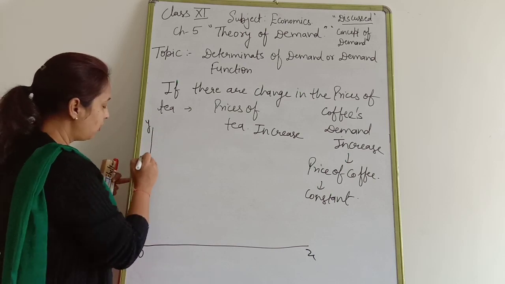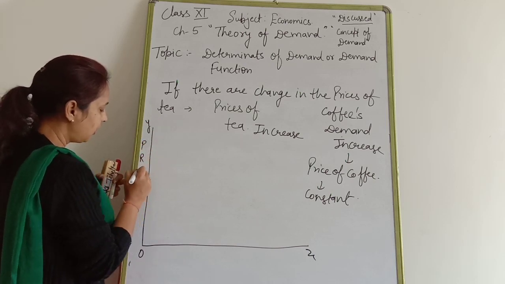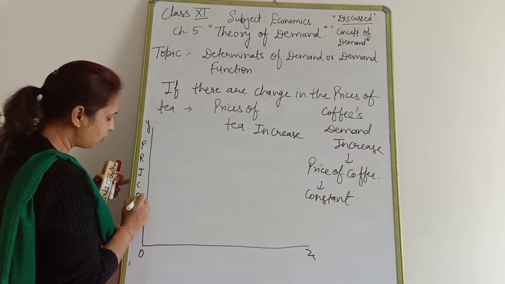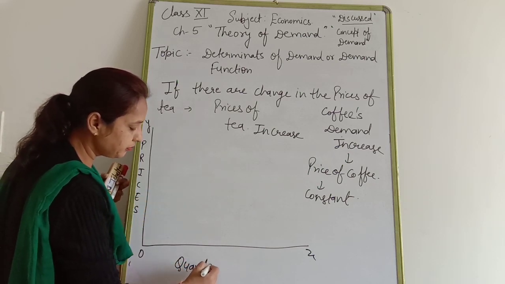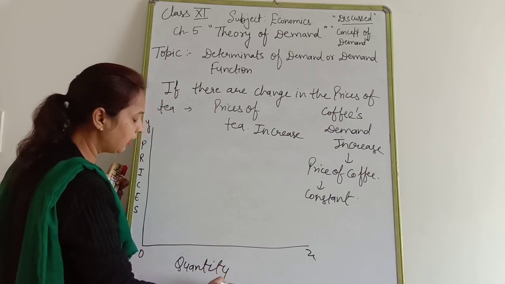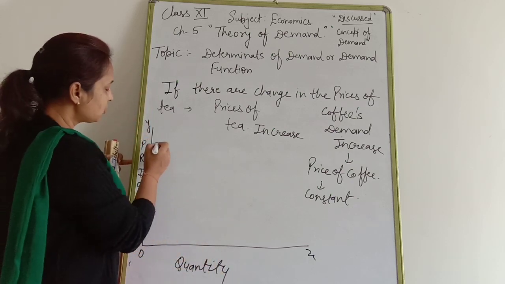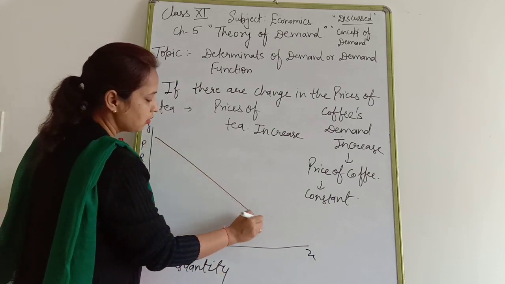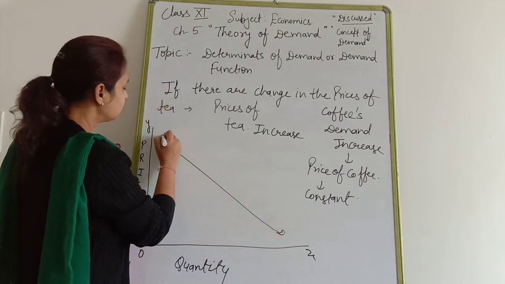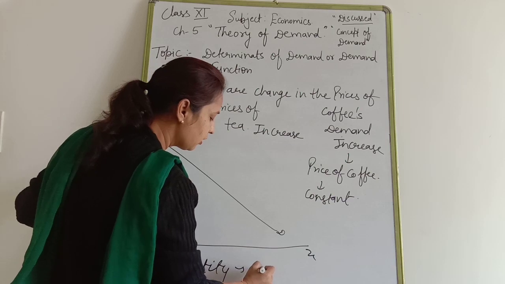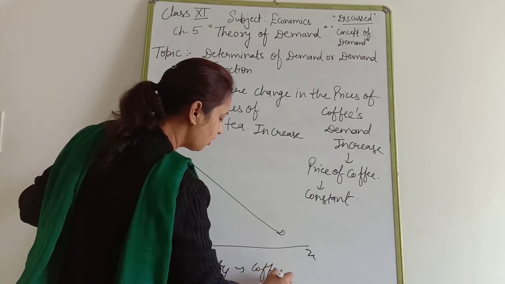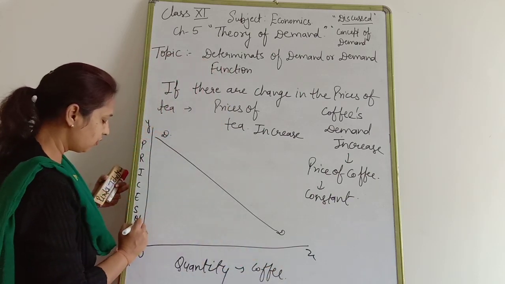Clear? Now here we are taking prices, as I told you. Here we are going to take quantity. Clear? Now suppose DD demand curve. Here we are going to take quantity of coffee and prices of coffee. Clear?